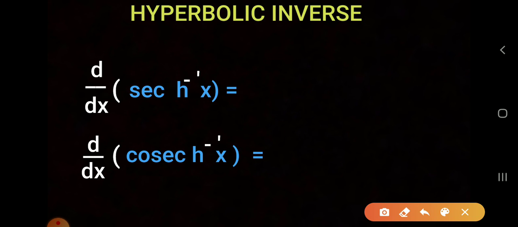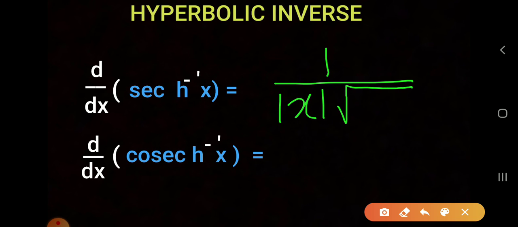And the next one, sec hyperbolic inverse x. Here also the numerator is 1 only: 1 by mod x under root 1 minus x square.